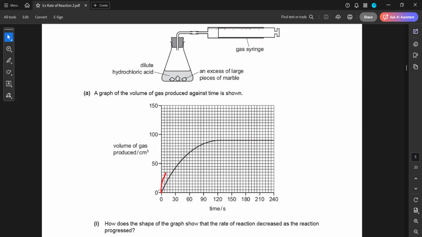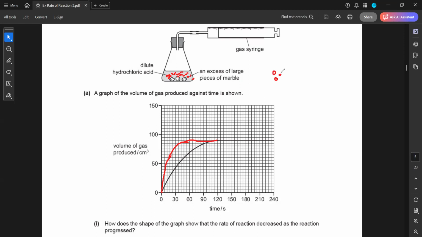So how fast, sir? Because we are using small pieces of the marble, and small pieces of the marble means large surface area. So the rate of the reaction should be higher or faster. Why is the surface area increasing? Because they already specify we are using the same amount of the marble, but we use small pieces.